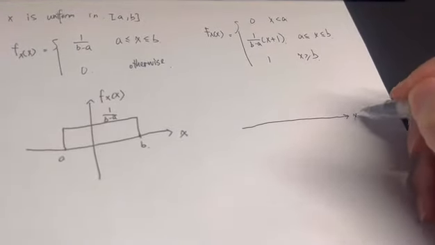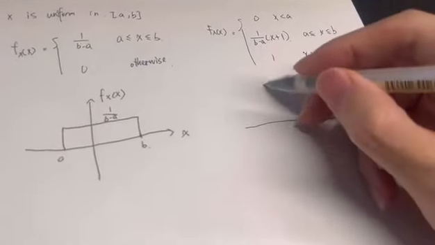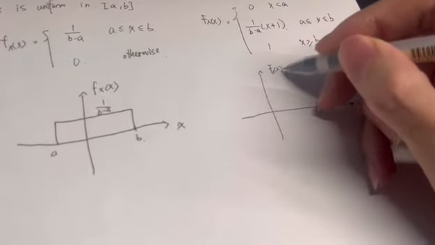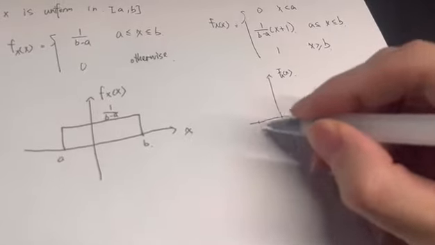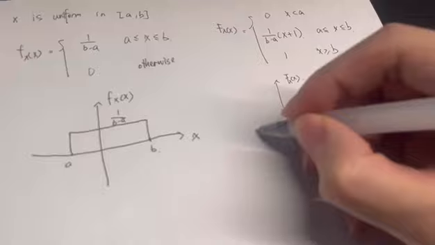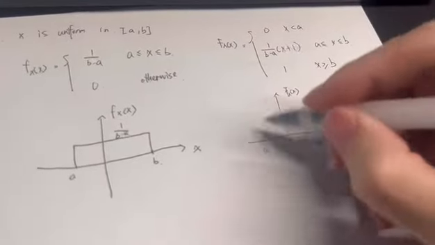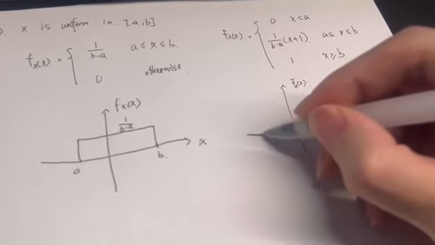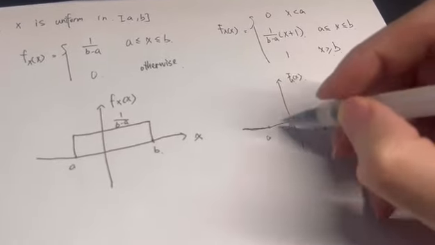The horizontal axis is X, and the vertical is the function F_X(x). So A is right here, B is right here. In the beginning, it starts from 0, so the horizontal line is all 0.